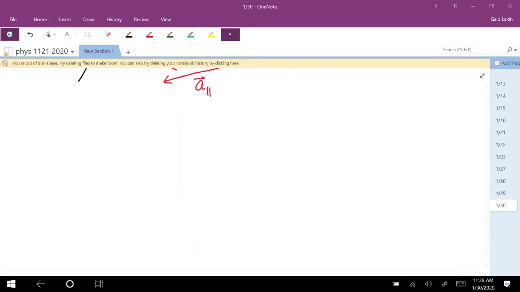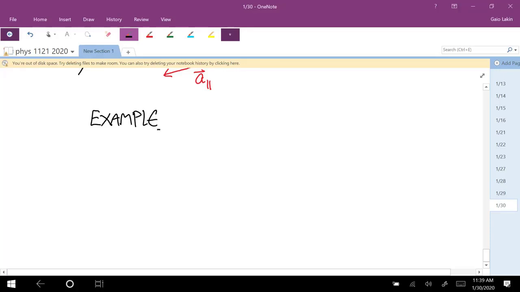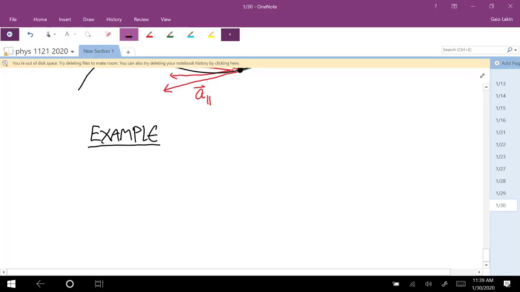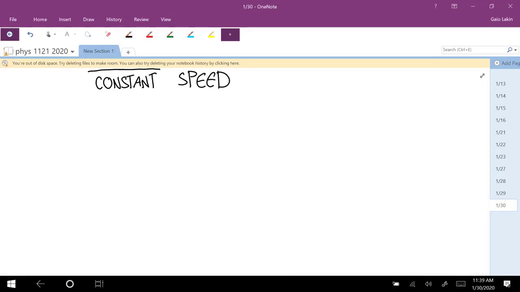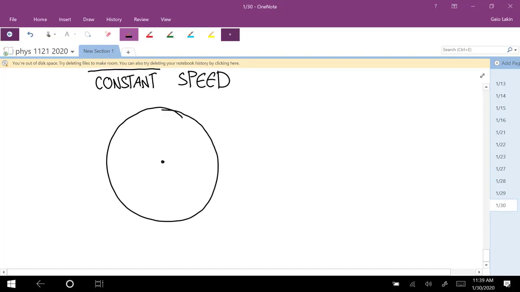Okay, so let me do another example. So for this one, let's say that an object moves with constant speed. And let's say it's moving in a circular path. Let's say clockwise. And we want to know the velocity and the acceleration at that point.